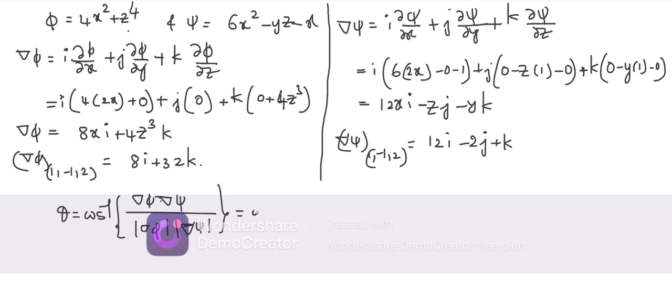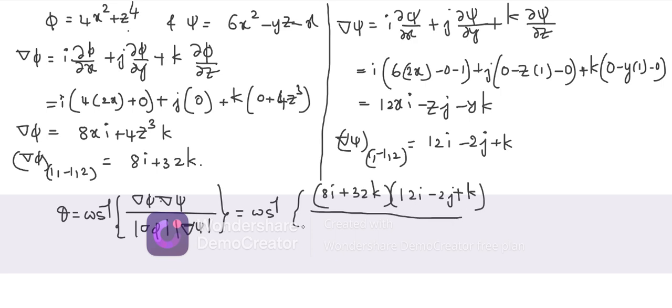So that is equal to cos inverse of, the gradient of phi is 8i plus 32k, the gradient of xi is 12i minus 2j plus k, whole divided by the magnitude of the gradient of phi, that is the square root of 8 square, 64, plus 32 square, and the magnitude of the gradient of xi, that is the square root of 12 square plus (-2) square, that is 4, plus 1 square.